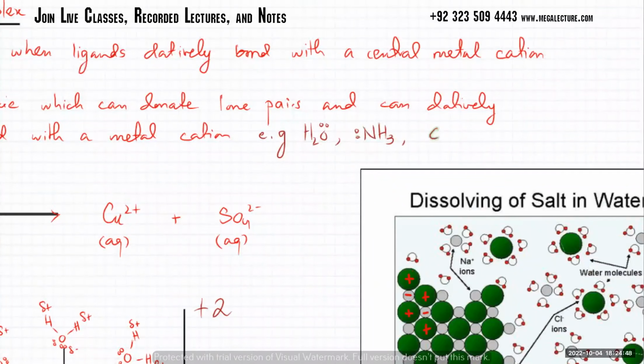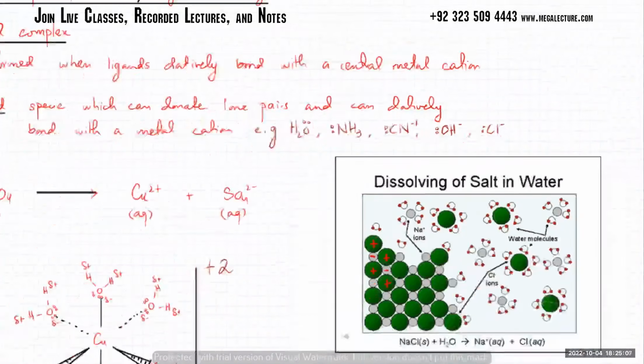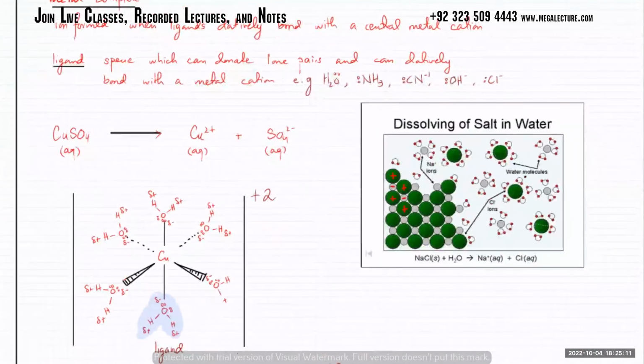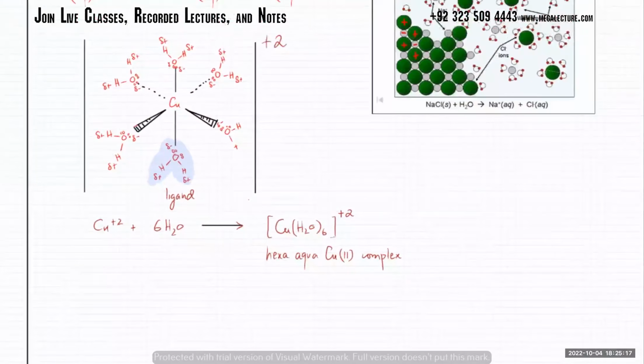You've got CN-1, that also, and OH-1, that's also a ligand. And similarly, the common ones, Cl-1, that can also act as a ligand. So you can have all these different ligands, and that's your copper complex.